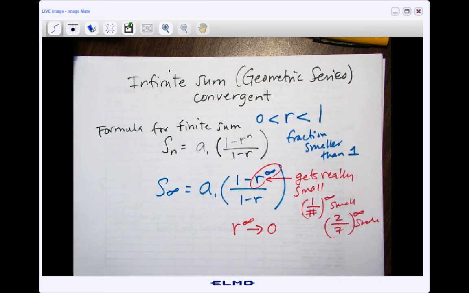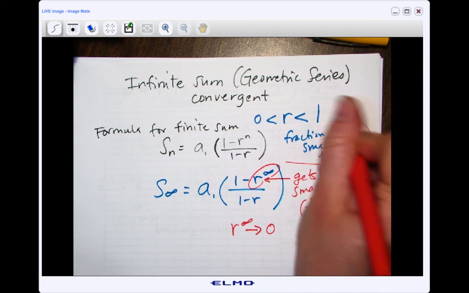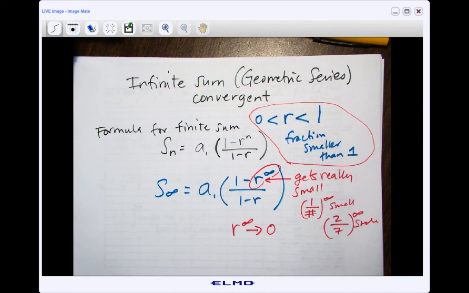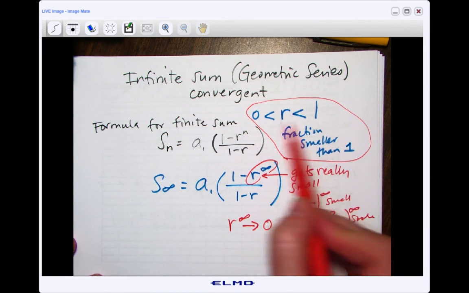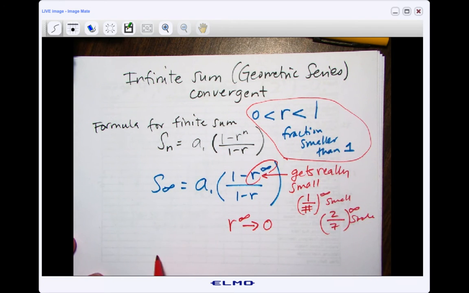Does everyone see what we're saying here? So if I'm looking for the infinite sum, and we can only find the infinite sum if this is true, because otherwise this is a divergent one. It's just going to keep getting bigger and bigger and bigger. But if it's a convergent one, meaning this is true, then we're going to have a sum that looks like this.